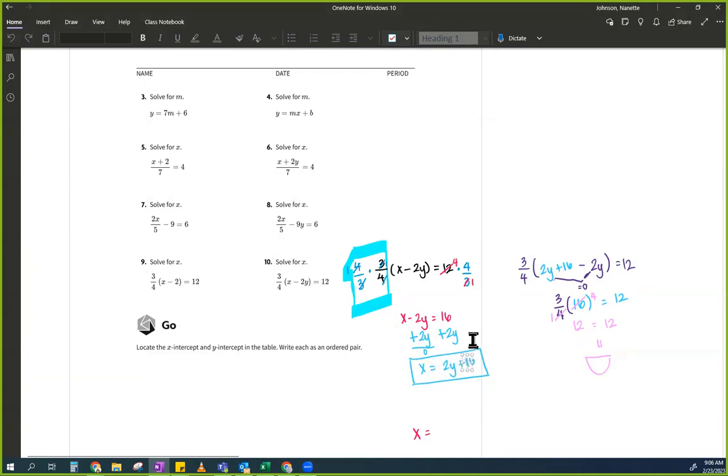Are you comfortable with saying why you did something, right? Why did you multiply by 4/3 to find the inverse of multiplying by 3/4? Why did we add 2y here? To inverse minus 2y, right? So that is how you solve an equation.